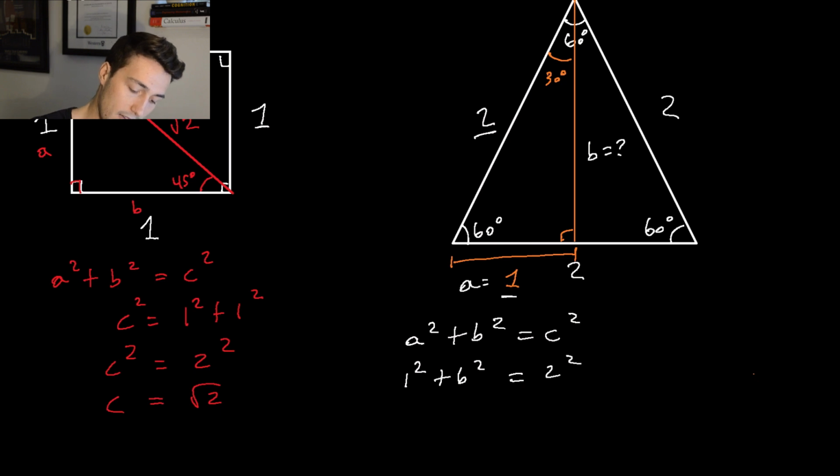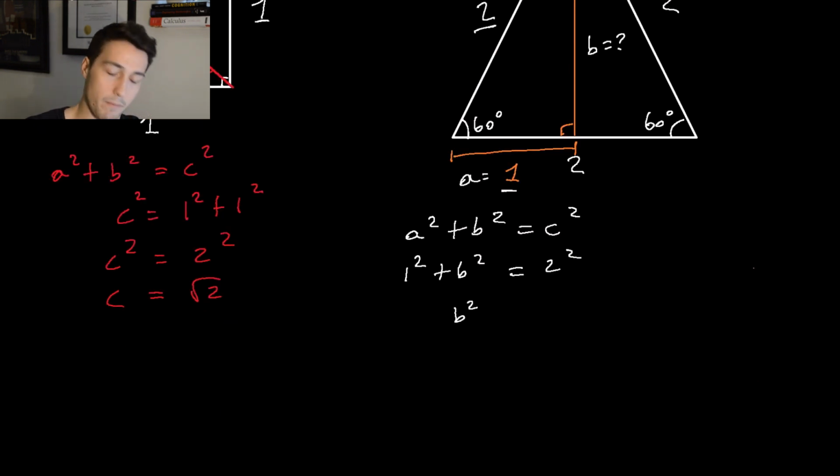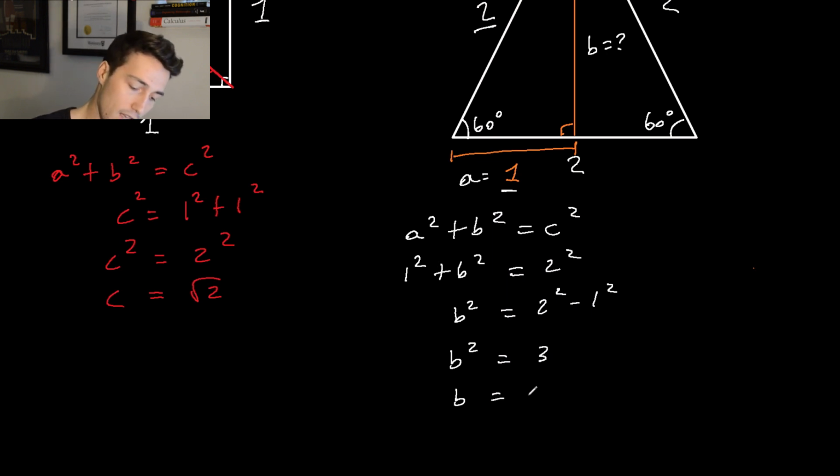If I isolate b squared, it's going to be 2 squared minus 1 squared. 2 squared is 4, and then minus 1 squared is just 1, so it's going to be 3. So then b is going to equal root 3, and that is this value right there.